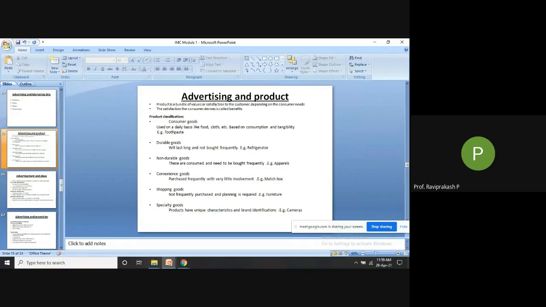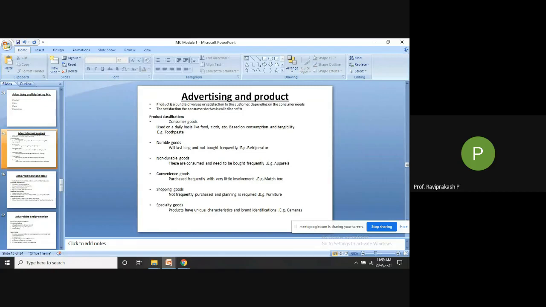For a normal laptop also, the normal keyboard, nothing happens. But if you are using it continuously, it may break. So even the controls would change. Even the mouse has only left and right and a scroll, but in gaming laptops you are having different buttons which do different things, right? So based on those, we are having specialty goods.